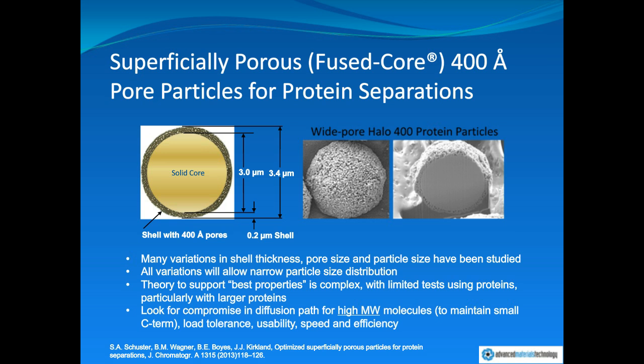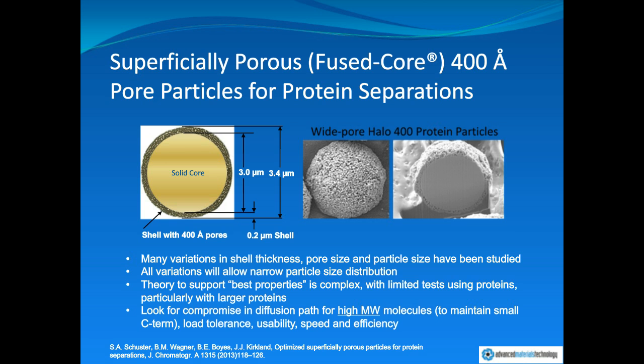This is a cartoon on the left-hand side showing the design of the particle with a 3-micron solid core interior, a 0.2 micron thick shell with 400 angstrom pore size. And on the right-hand side, you can see electron micrographic analysis that shows that, in fact, we were able to make what we designed.